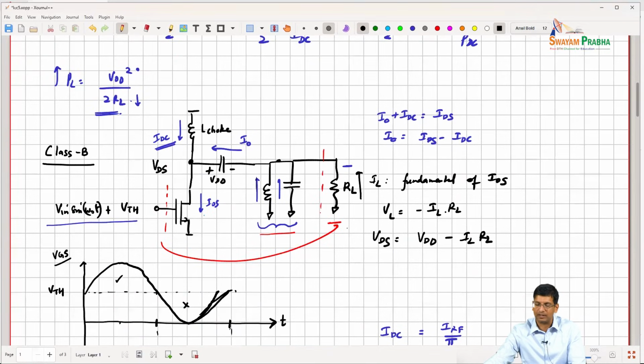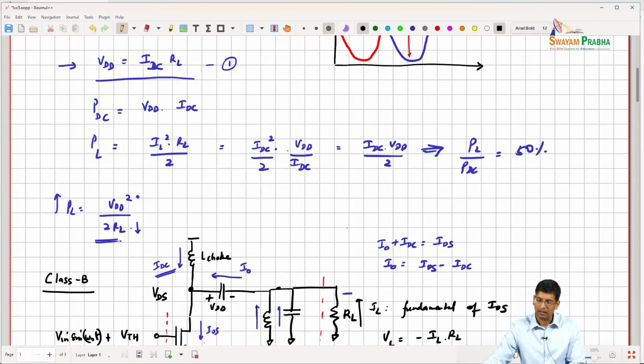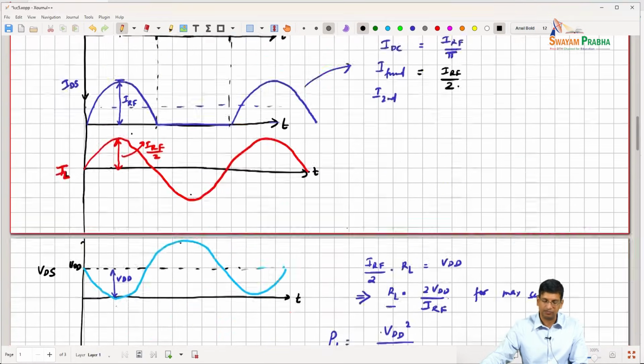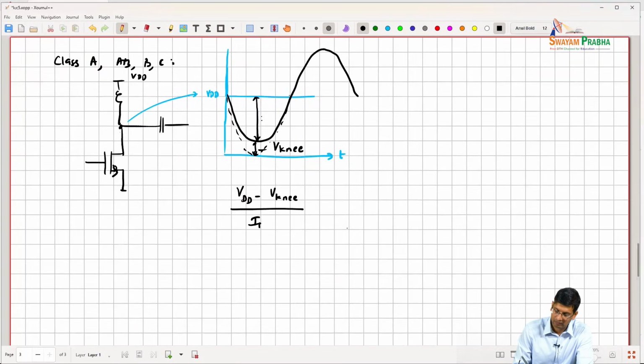So in the simple class A design, we can simply say that where we did VDD is IDC RL, we just say VDD minus V knee divided by IDC is RL, right. And what this effectively means is that your maximum output power is less than VDD squared divided by 2 RL.